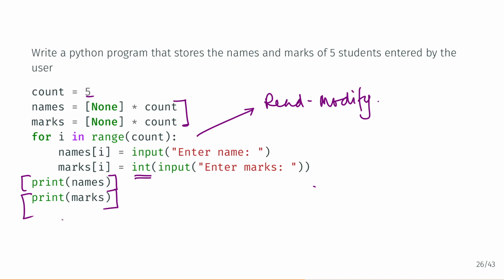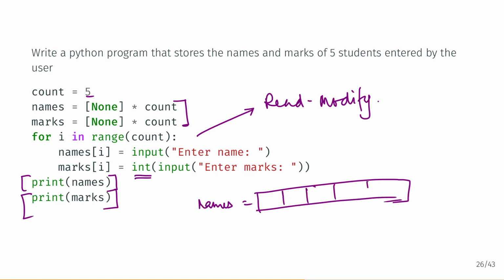If you remember our previous discussion, if you juxtapose the names and marks, they will belong to the same student, right? So you have two lists, names equals a list of size 5, and you have another list called marks, which is again a list of size 5.